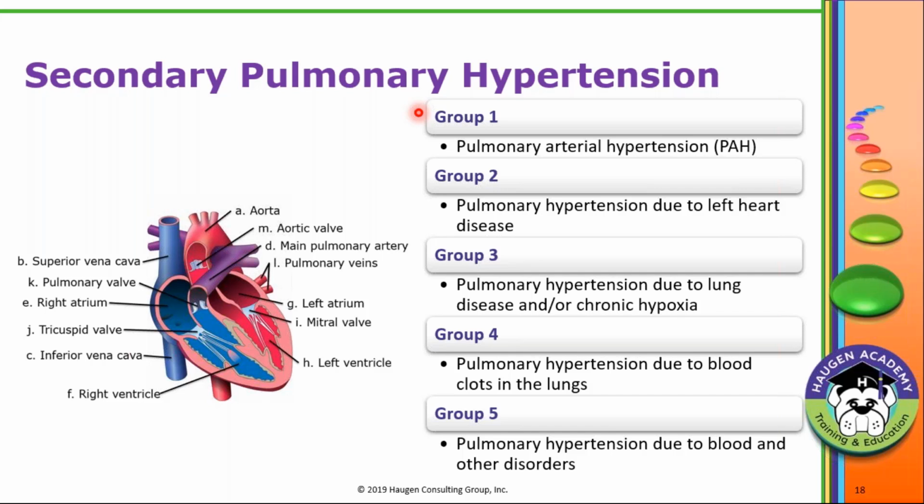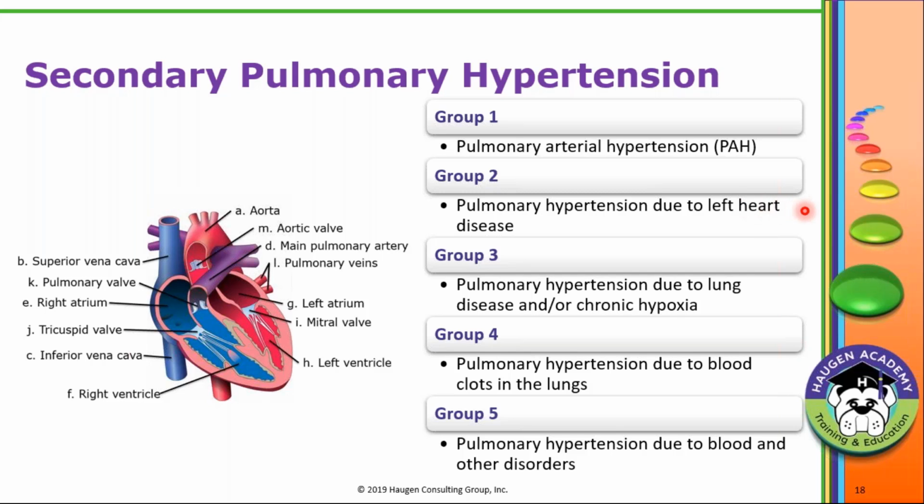So group 1 is pulmonary arterial hypertension, which includes idiopathic pulmonary hypertension.